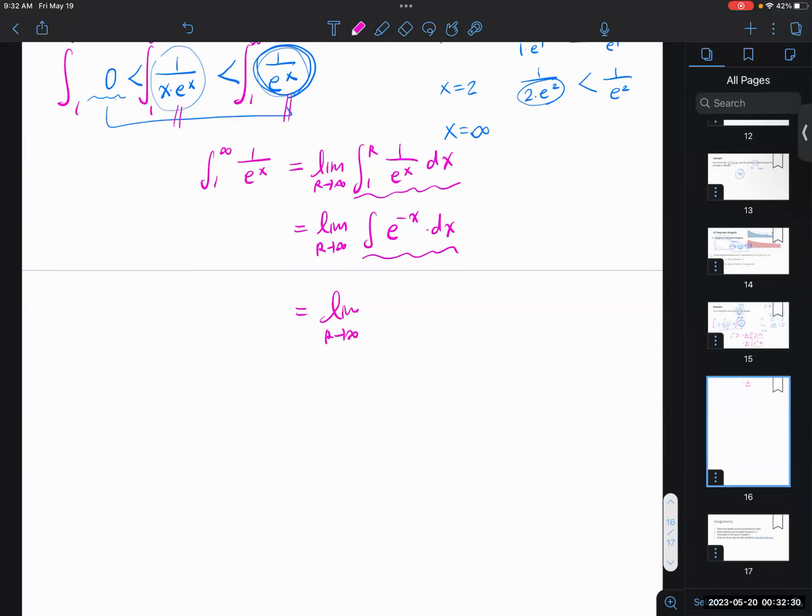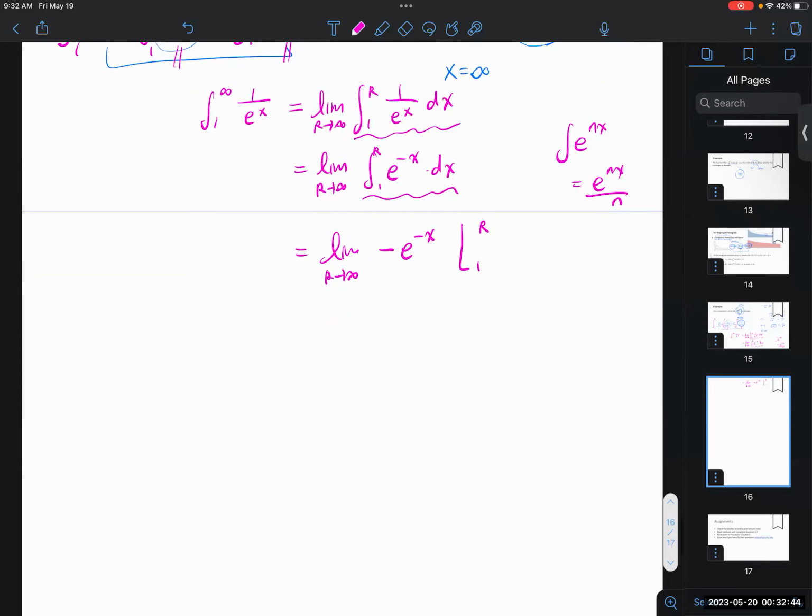It is going to be negative e to the negative x, because if you remember, the integral of e to the nx is e to the nx divided by n. So n is negative 1. So we have this from 1 to r. Now limit as r approaches infinity of negative e to the negative r minus negative e to the negative 1.